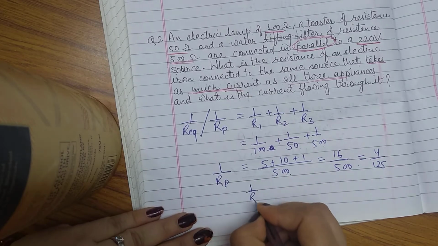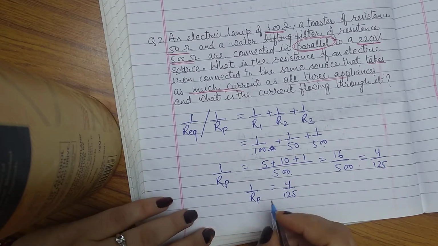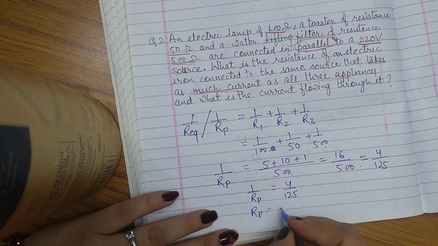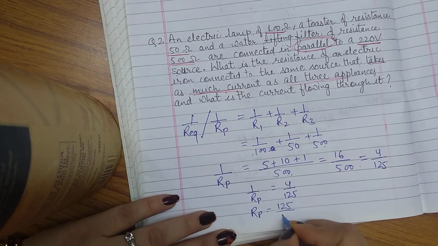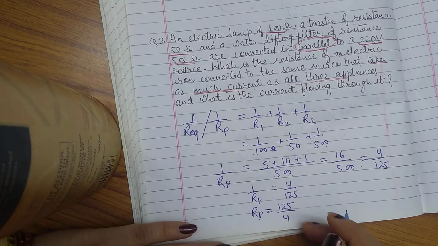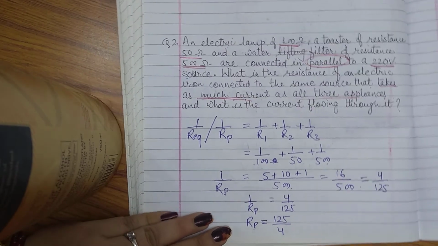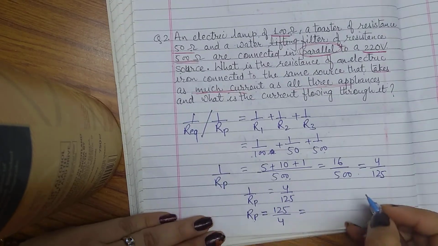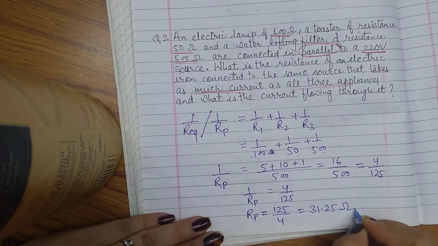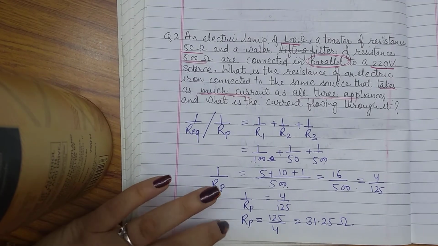So 1 upon Rp is equal to 4 upon 125, or you can say Rp is equal to, inverting it, 125 upon 4. Now if you solve it, its value will be 31.25 ohm. Now we have got the overall resistance.